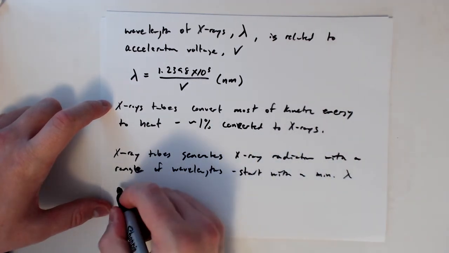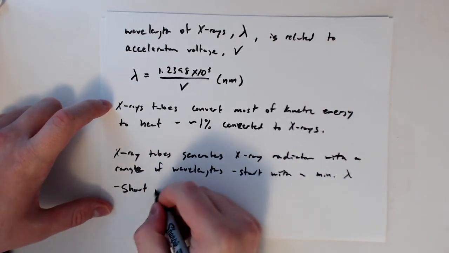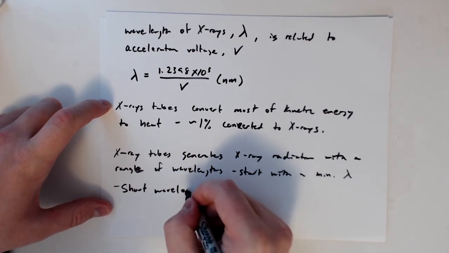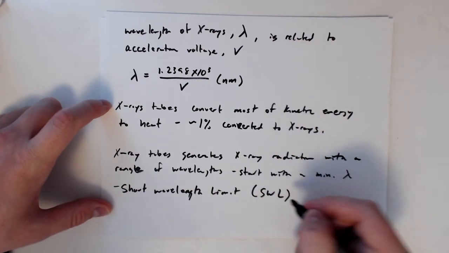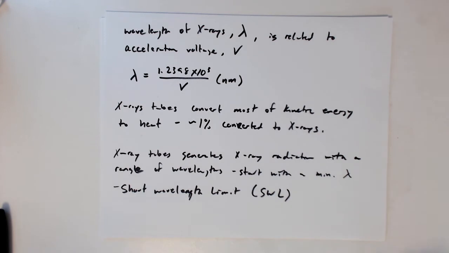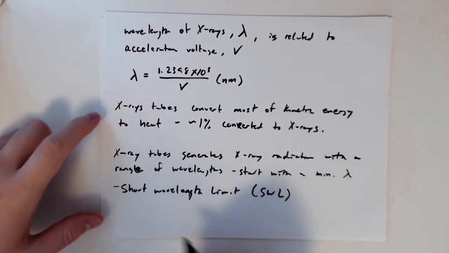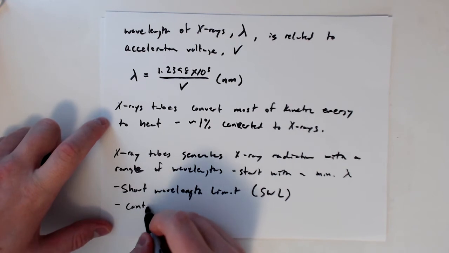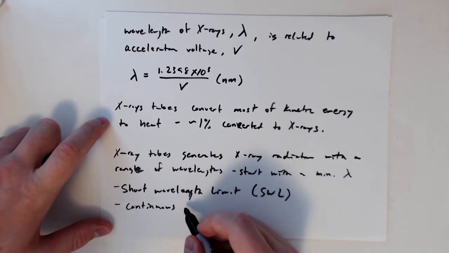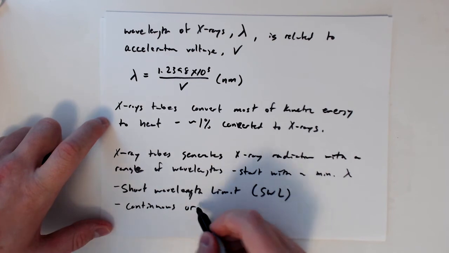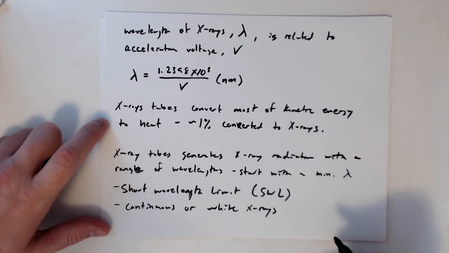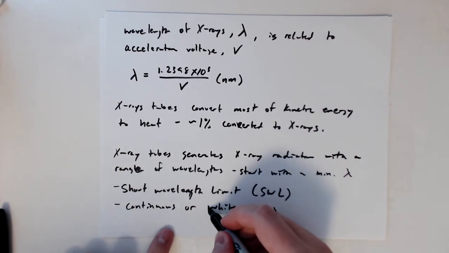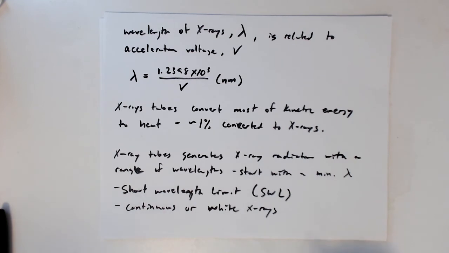And so this is also known as the short wavelength limit, or SWL, sometimes abbreviated. And when you have this continuous X-ray, we sometimes call that white X-rays, because that's similar to white light, right? It contains a lot of wavelengths, not just one. So sometimes that's referred to as white.